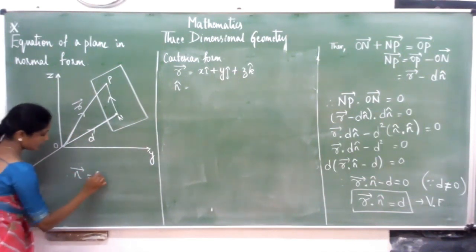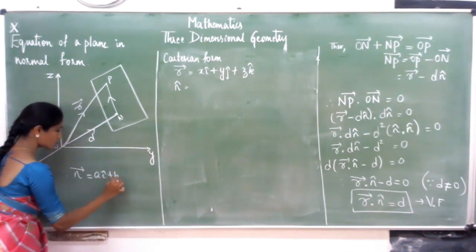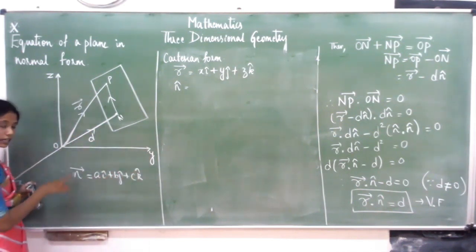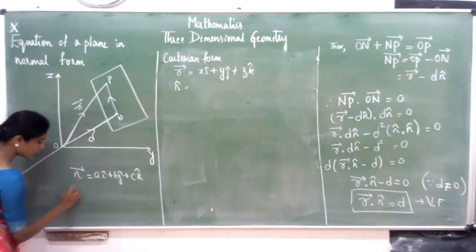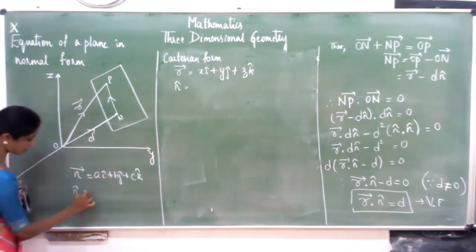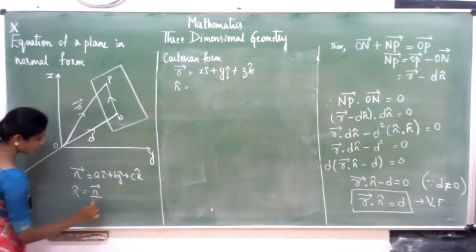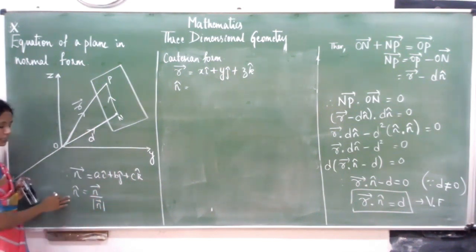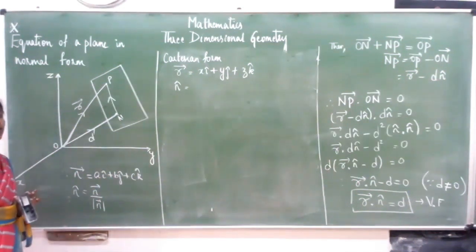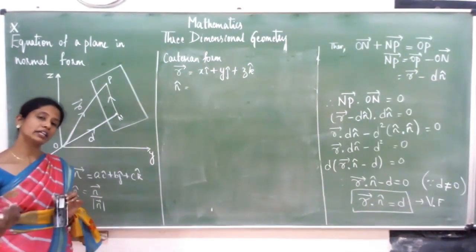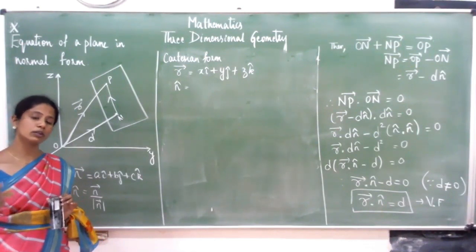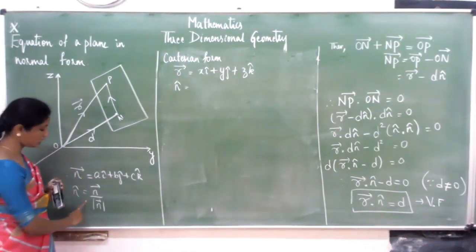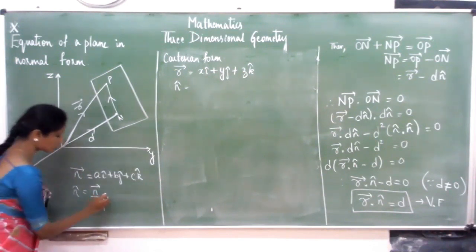Therefore, vector n we write as ai cap plus bj cap plus ck cap. This is vector n. How do we write the unit vector? Unit vector is given by vector n divided by magnitude of vector n, that is n cap. Just as for vector a, the unit vector a cap is vector a by magnitude of vector a. Here also n cap will be vector n by magnitude of vector n.